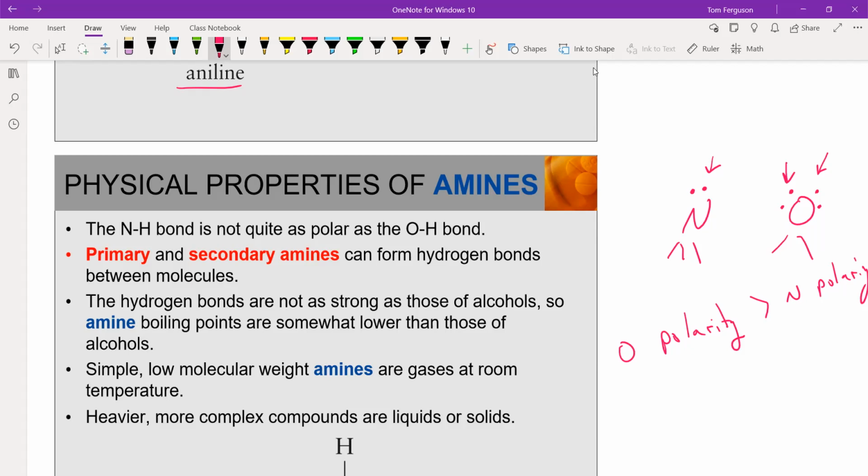Hence, the boiling point for alcohols will be higher than the boiling point for nitrogen bases.